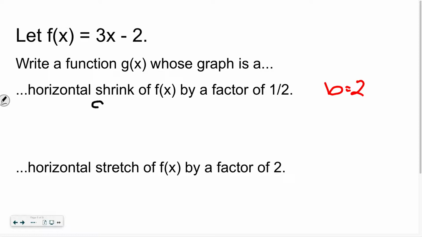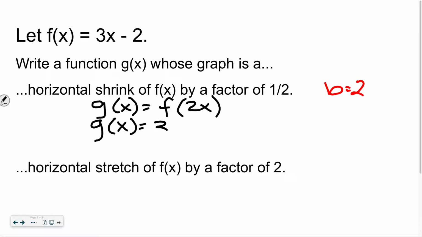In function notation, I can write that as g of x equals f of 2x, which just means in the actual function, 3x minus 2, everywhere I see x, I should write 2x. I'm just making a substitution. So my g of x is really 3 times 2x minus 2, which is 6x minus 2.